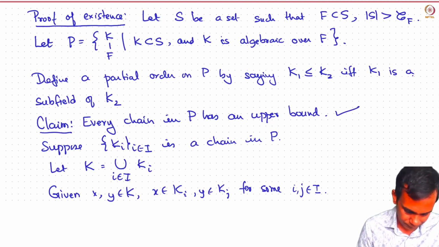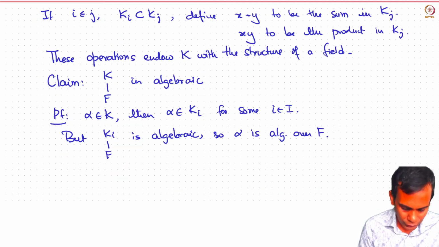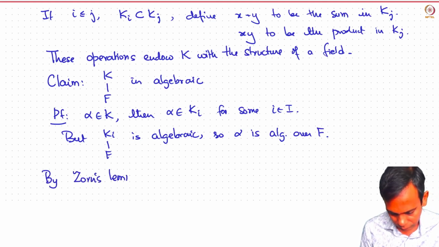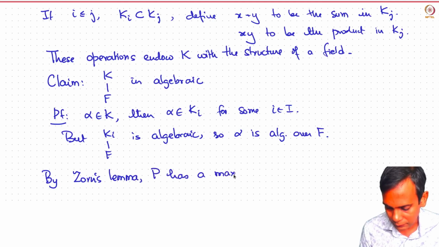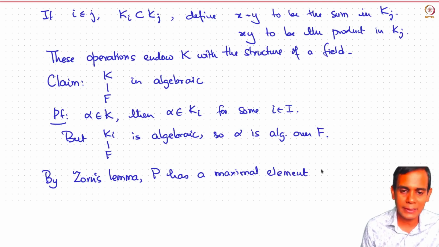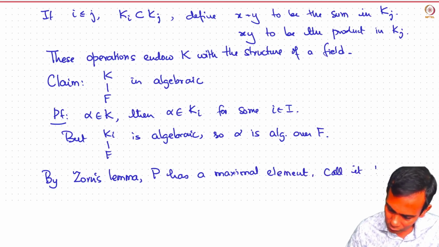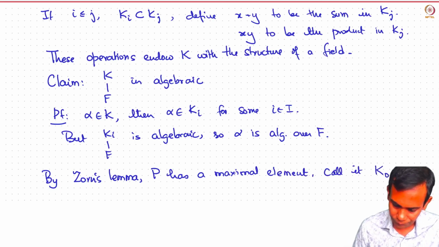We've proved this. And so the conclusion is, by Zorn's lemma, P has a maximal element. It would typically have more than one maximal element, but has at least one maximal element. Choose one maximal element and call it K0.